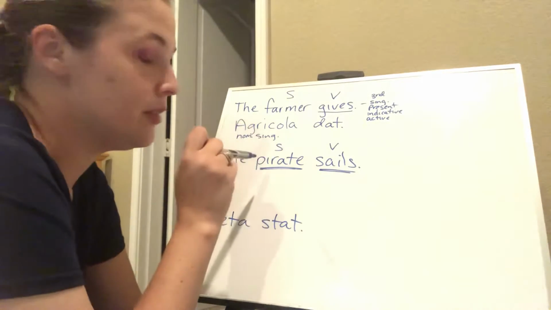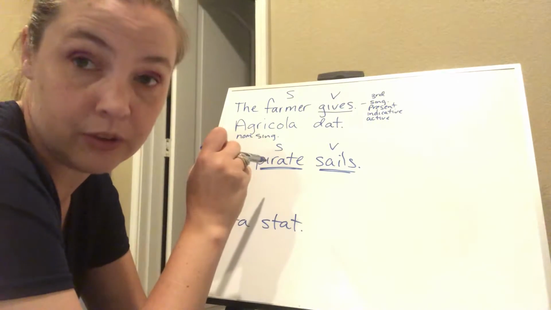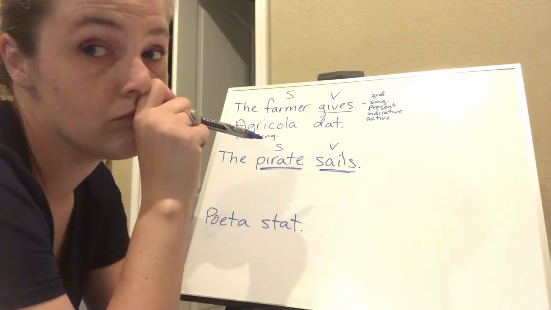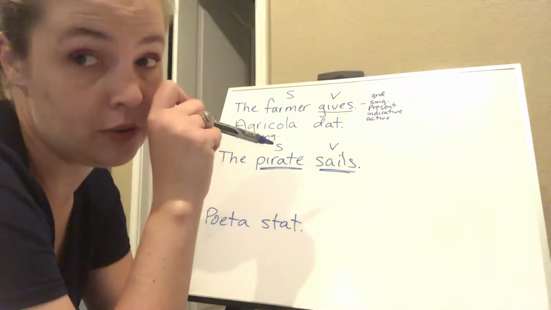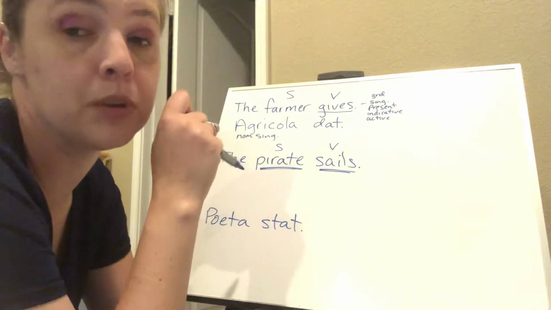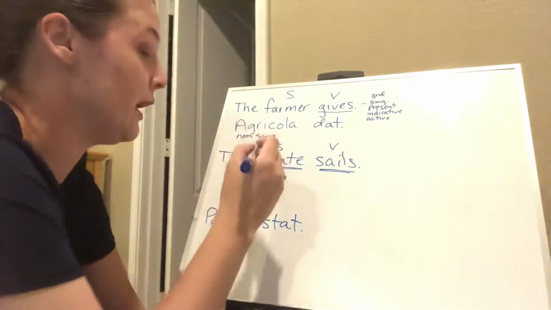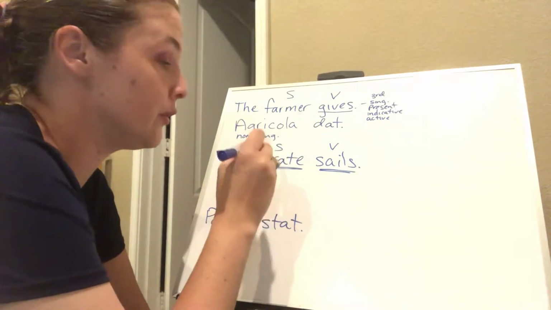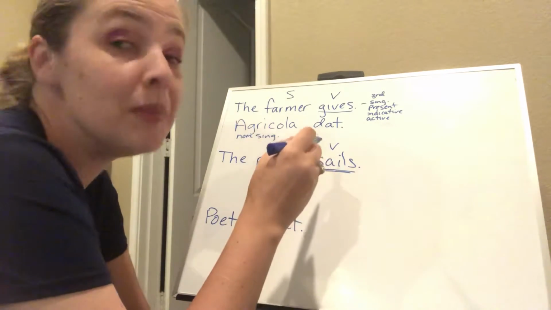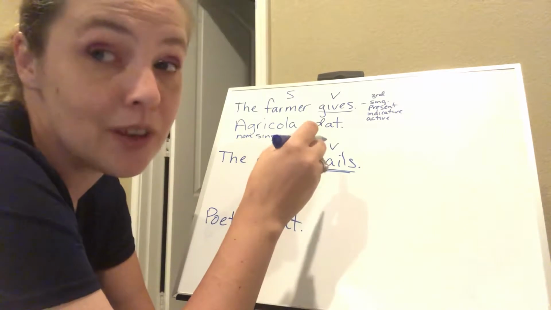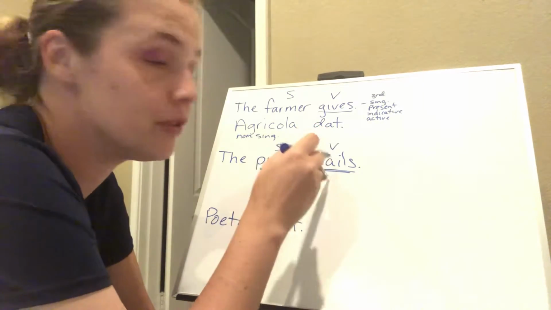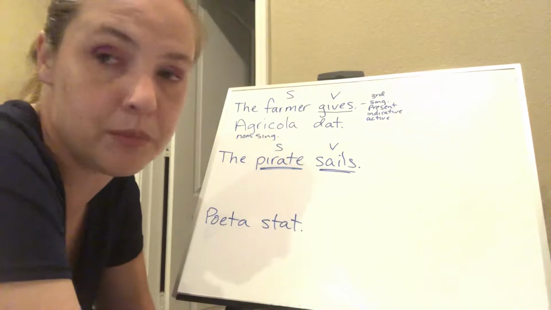So, is this first, second, or third person? I hope you said third. Is it singular or plural? Singular. Third person singular for our subject. Which means if we have subject-verb agreement, what person and number does our verb need to be?